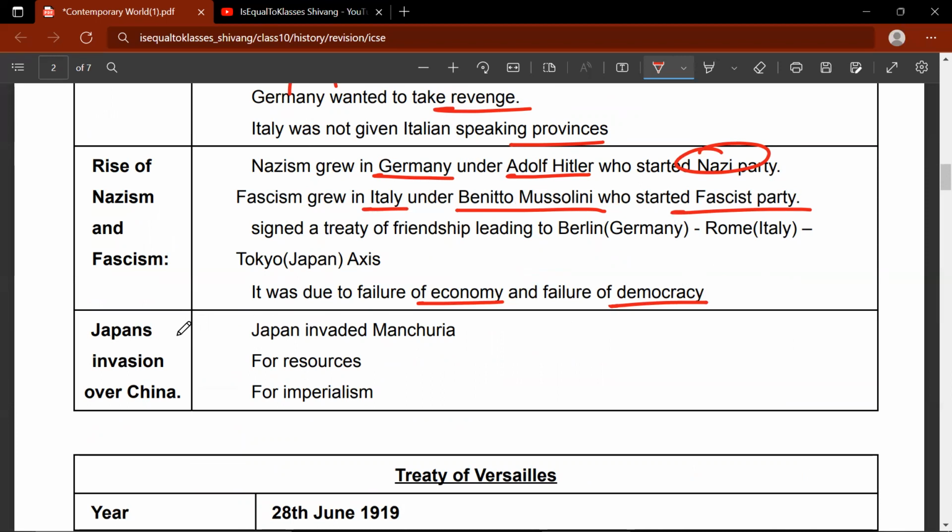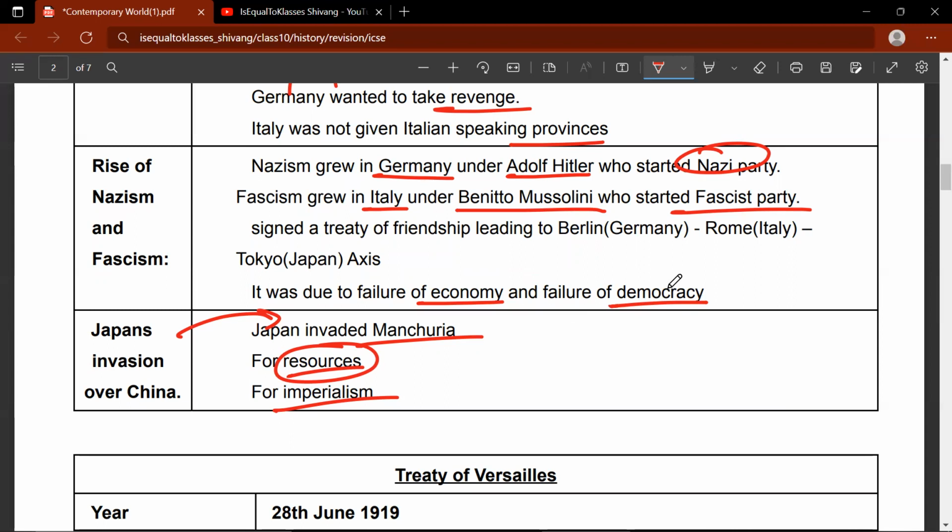Japan's invasion of China. Japan invaded Manchuria for resources and for imperialism. The main thing was resources, because Japan was a rapidly industrializing country. By industrializing, I mean that the establishing of industries, factories, etc., was very, very fast. And in order for the industries to churn out finished products, you needed raw materials, you needed natural and mineral resources.